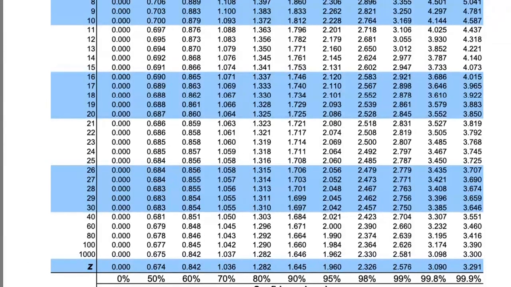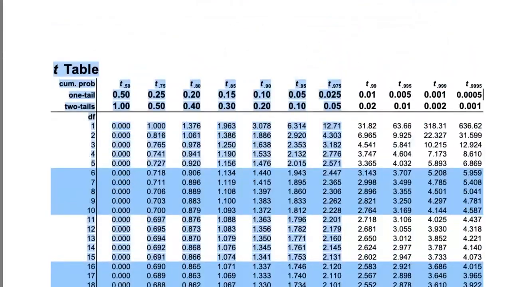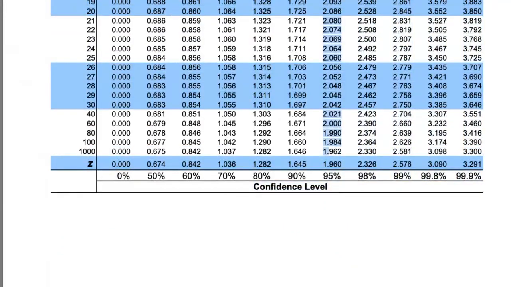Since our DF is 999, it is close to 1000, so we can approximately take the value corresponding to the DF of 1000. For t.975, going down to 1000, it is 1.962. You can approximately say 1.96.